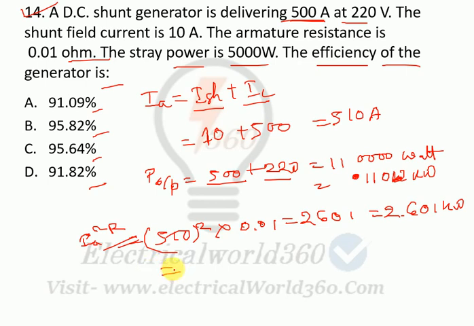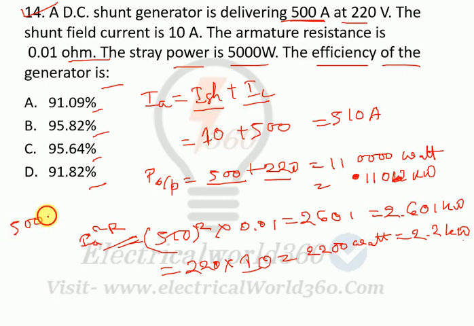The shunt field copper loss is 220 into 10, that means 2200 watt, or 2.2 kilowatt. The stray power loss is 5000 watt, which is 5 kilowatt.